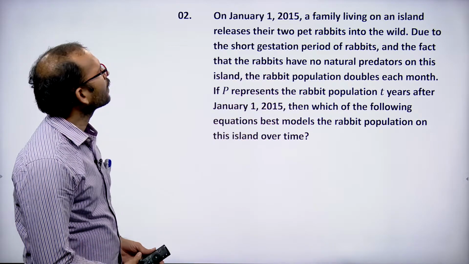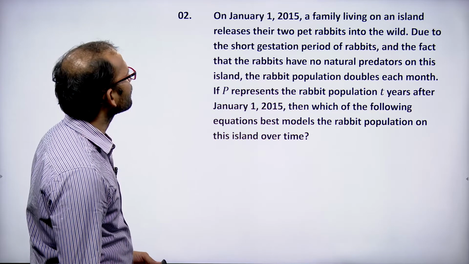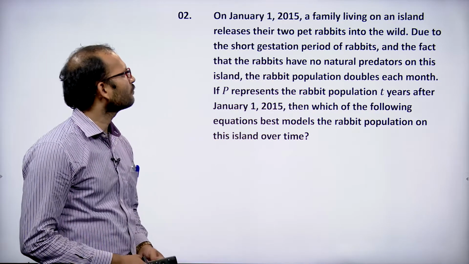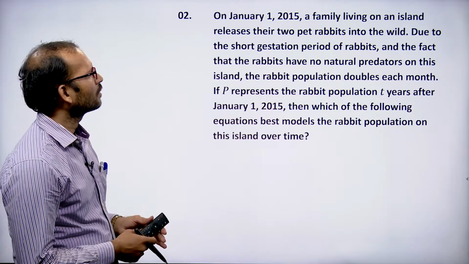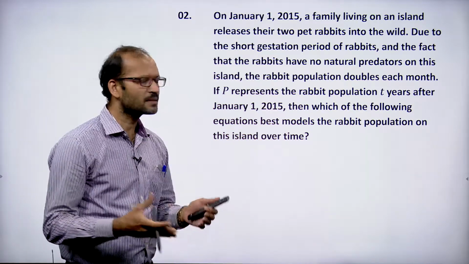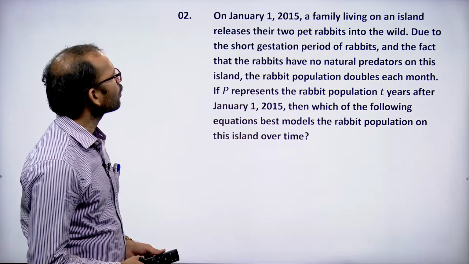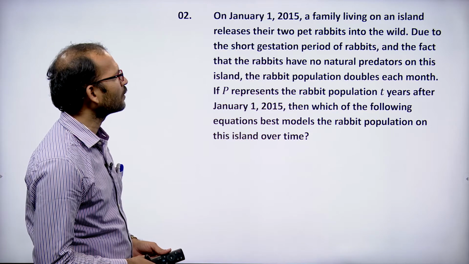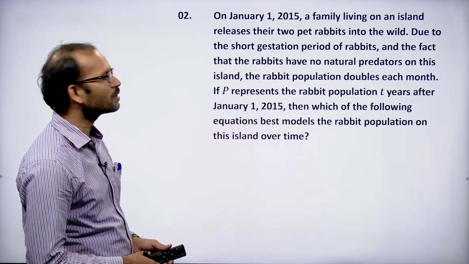Now on January 1, 2015, a family living on an island releases their 2 pet rabbits into the wild. Due to the short gestation period of rabbits and the fact that the rabbits have no natural predators on this island, the rabbit population doubles each month.